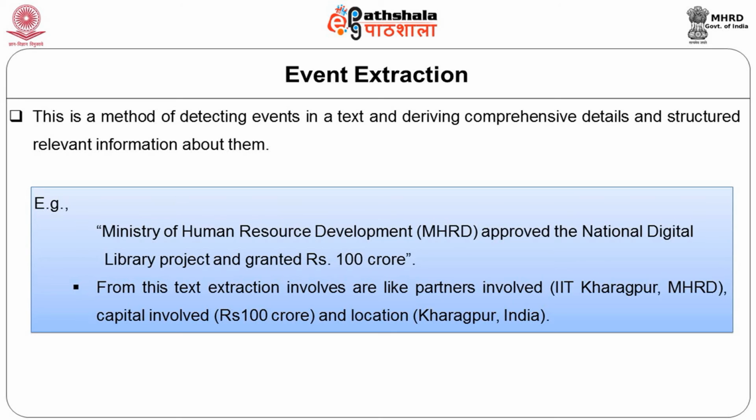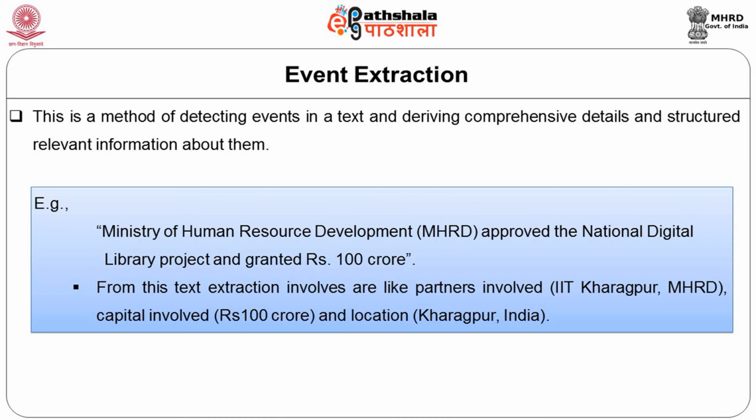So just based upon this statement, we can extract that there is an organization and it is doing a project which has a name, National Digital Library Project, and it has another component which is an investment or a capital, and it has definitely a location associated with it. So around this kind of an event, we can extract so many entities in their own dimension. Though it is a multidimensional thing, this information can be extracted and can be stored in a structured way.